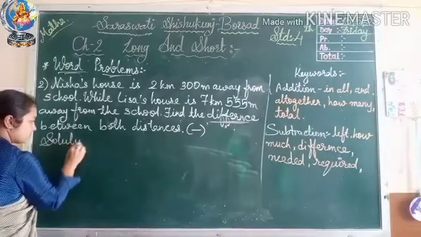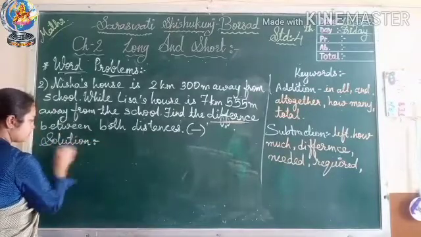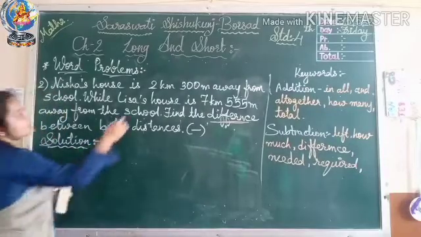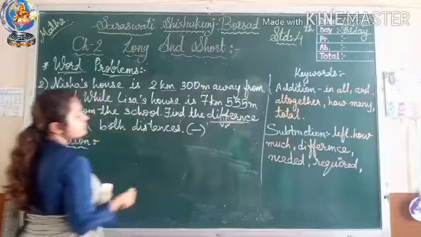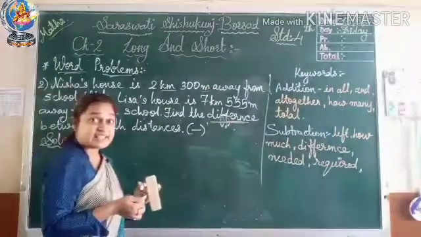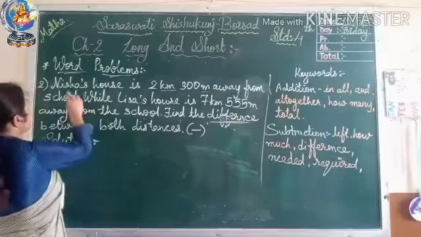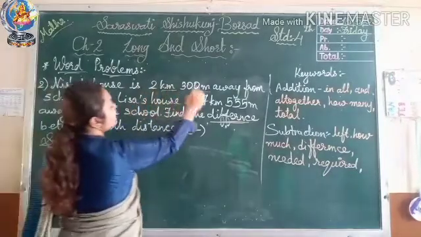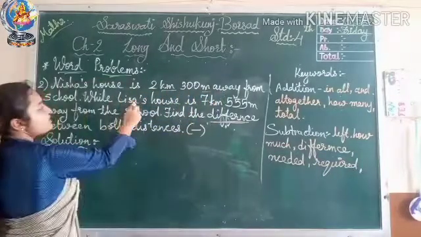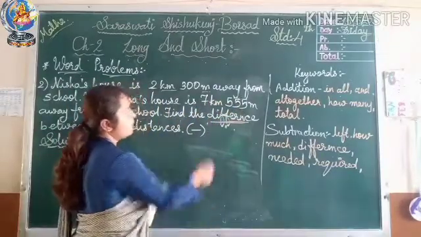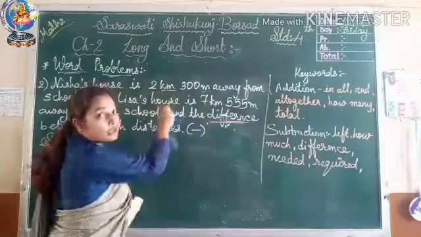Solution. The units are kilometer and meter. First see which one is more. Nisha's house is 2 kilometer 300 meter away, while Lisha's house is 7 kilometer 555 meter away. So 7 kilometer is more than 2 kilometer.